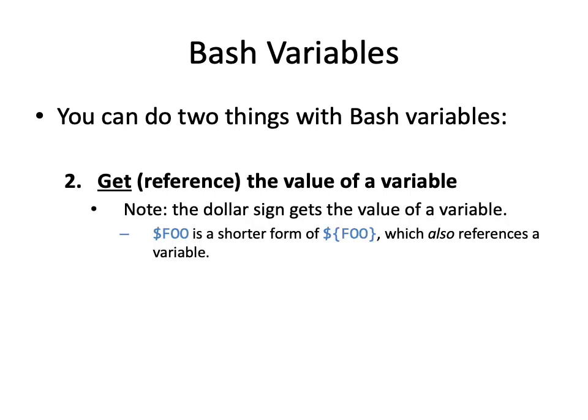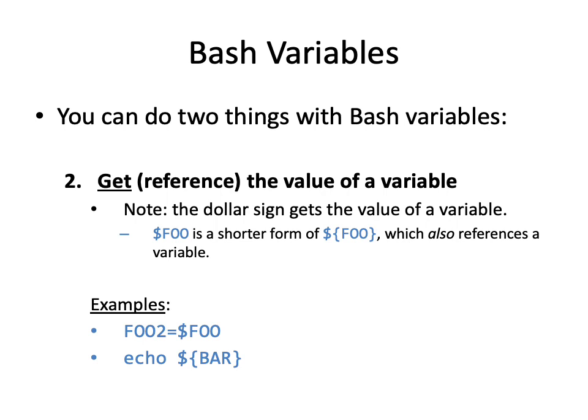The other thing you can do with a bash variable is to get its value, or reference its value. To do that, you put a $ sign in front of the variable's name. So in this example, you've got a variable called foo, and you put a $ sign in front of it, and that will resolve into the value, or whatever is inside of that variable. That's a shorter form of ${foo}, which is the full syntactical version. Most of the time you'll just see the shorter version, $foo.